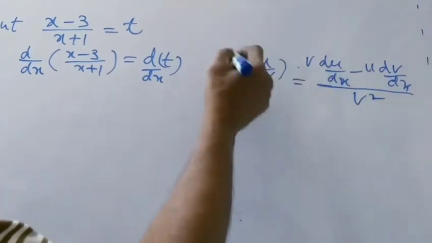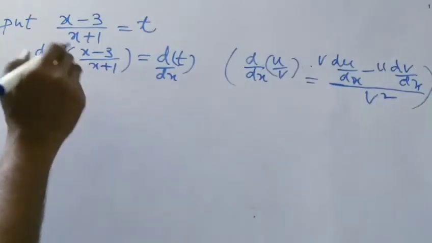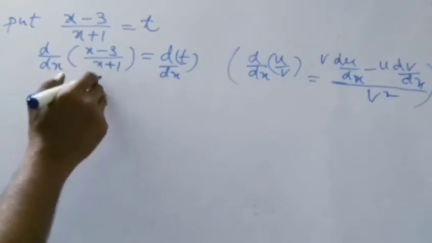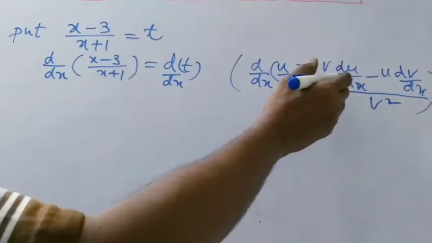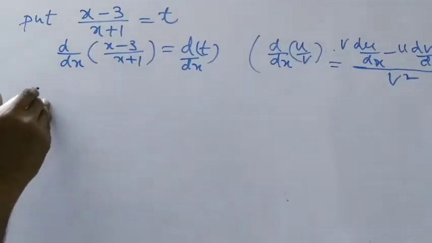Here u is equal to x minus 3, v is equal to x plus 1. Now following this formula, we write the next step.